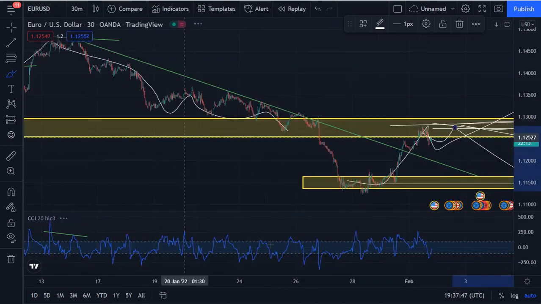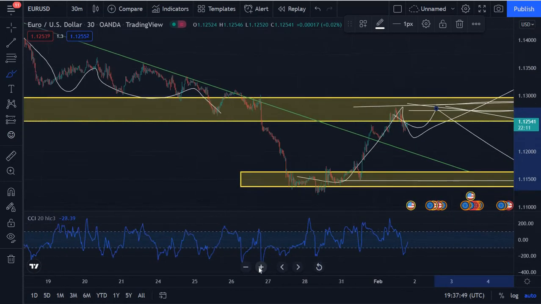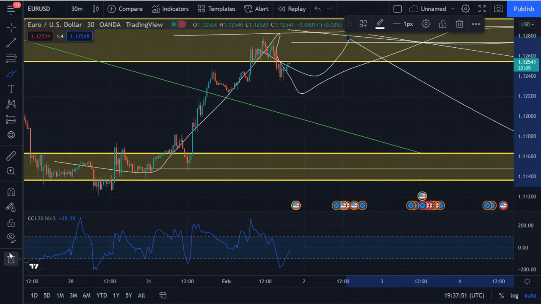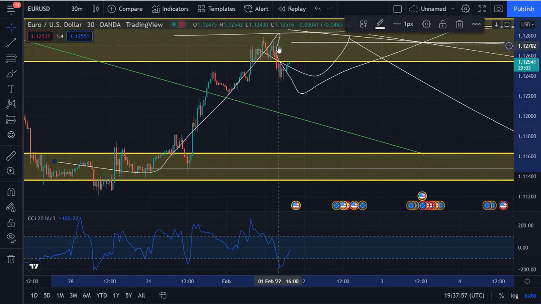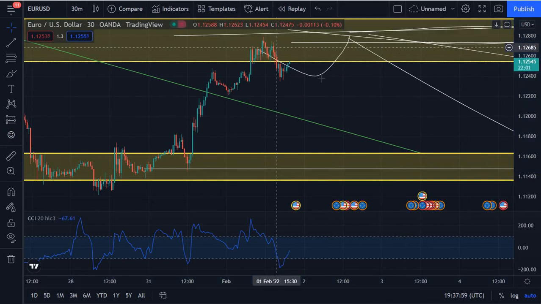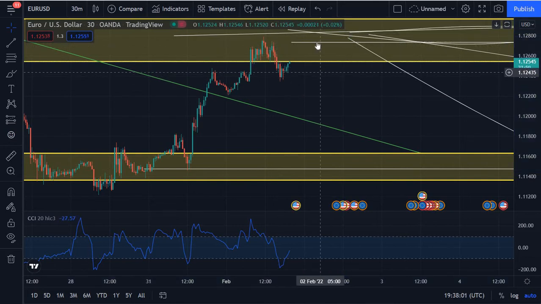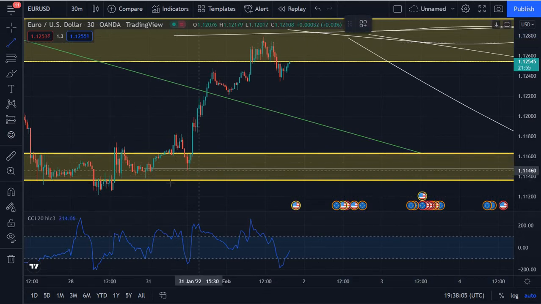So going down to the lower time frames, here the 30-minute chart. So here trend is trying to go lower for now, so we can scalp all the way down to the lower time frames, kind of an uptrend.